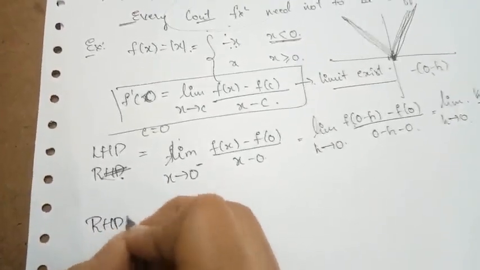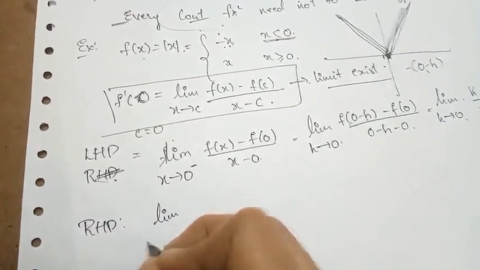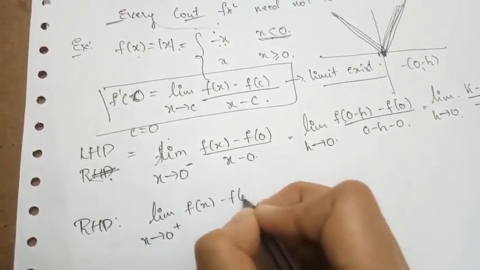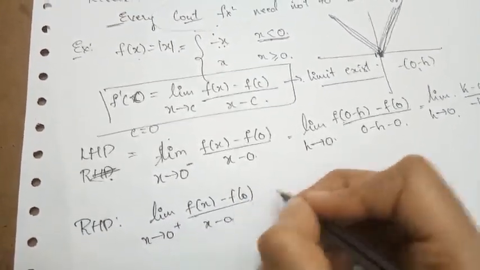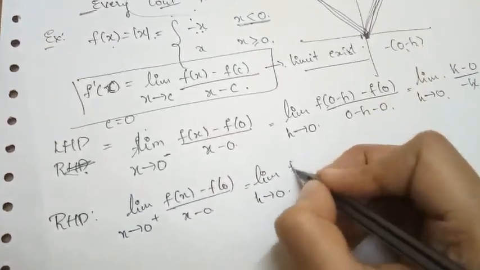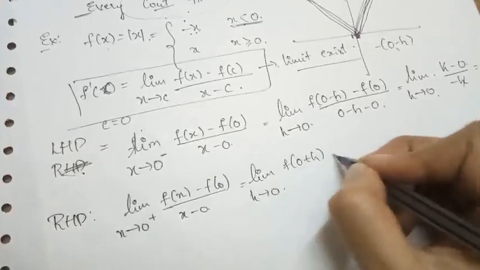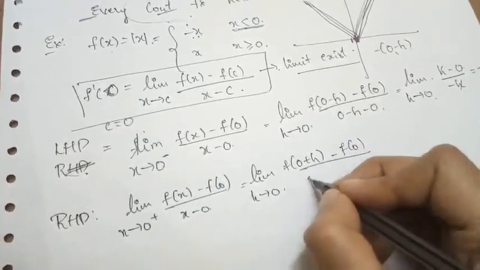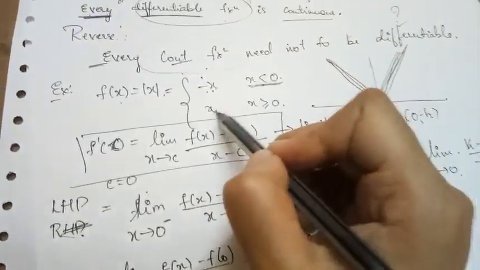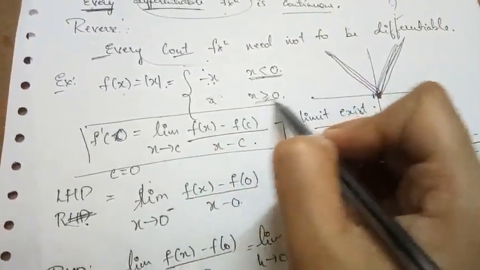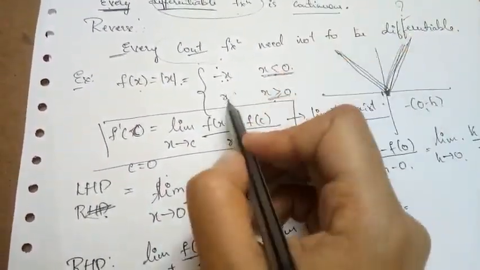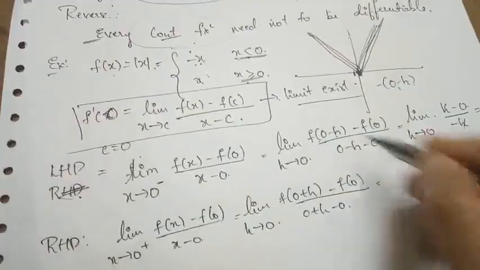Similarly the right hand derivative. Limit as x approaches 0 from the right side of f of x minus f of 0 divided by x minus 0. So it is nothing but limit h approaching 0 of f of 0 plus h minus f of 0 divided by 0 plus h minus 0. 0 plus h comes under the category where x is greater than or equal to 0, so the function is 0 plus h itself, that is x itself.